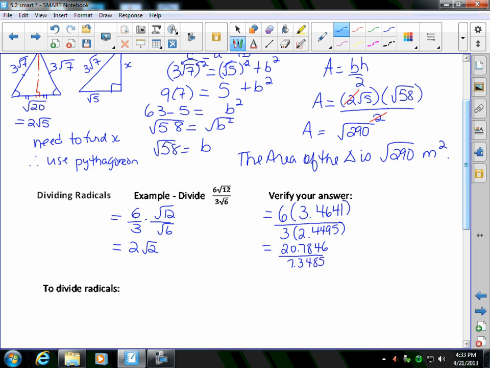Sorry, I lost my spot. And that equals 2.8284. 2 square root 2. Okay, that was my answer. So this needs to equal that. 2 square root 2 is the same as 2 times 1.4142, which is 2.8284.